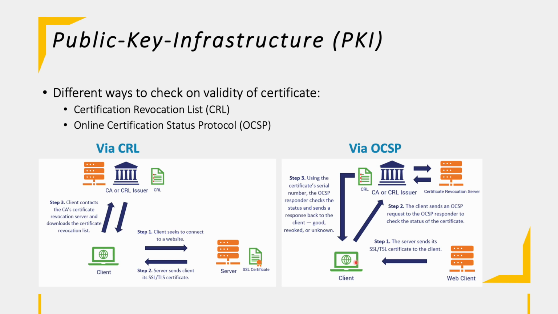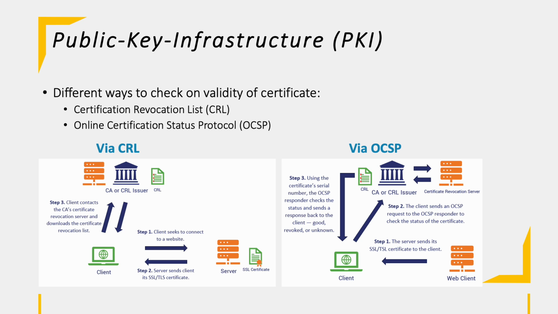We still pretty much have the same structure, so the server sends the SSL TLS certificate to the client, but the client will reach out to a certificate revocation server and send a standardized request, OCSP request, to check the status of the certificate. And this one will give an answer back, which could be in 3 different ways: good, revoked, or unknown. So either a certificate is good, which means it's valid, could be used.